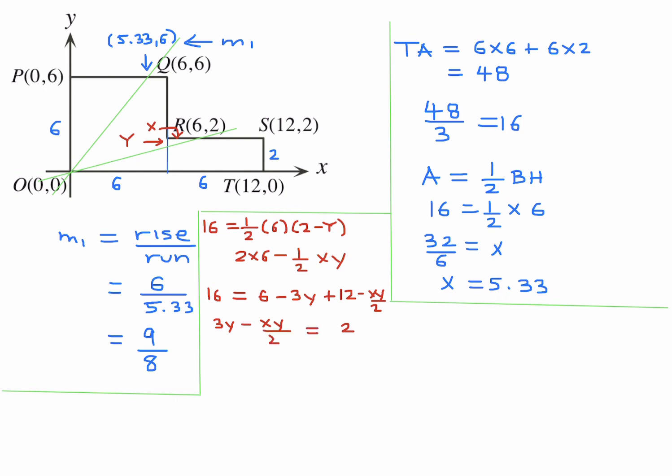And then multiply through by 2, get rid of that fraction. So 6y minus xy is 4. And then I can isolate for y. Y is going to be 4 over, this should be a plus, sorry, 6 plus x. All right, so we got a pretty decent relationship. But obviously we need an actual value for y in order to calculate the second slope. The actual values of x and y.